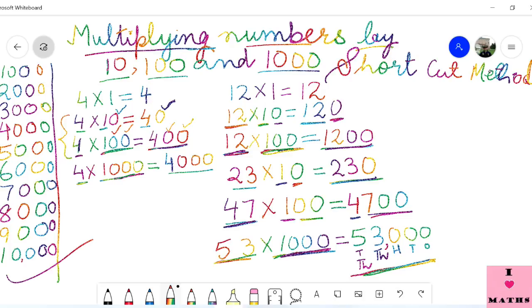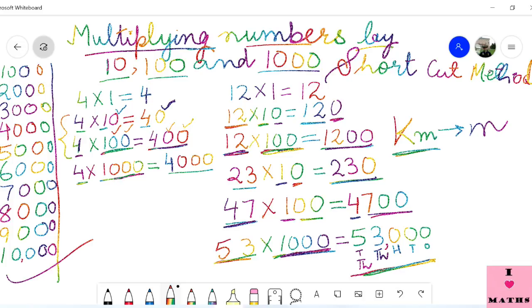Now children, I am going to teach you how to change kilometers into meters. Kilometer is the unit for measuring very long distances.